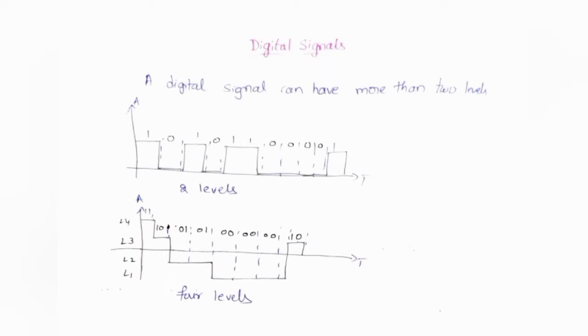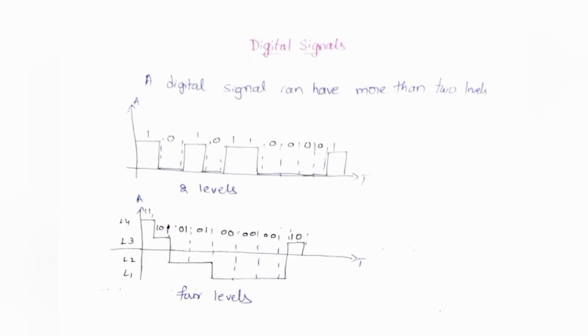Here we have two digital signals, one with 2 signal levels and the other with 4 signal levels. First we will consider the one with 2 levels, level 1 and level 2.